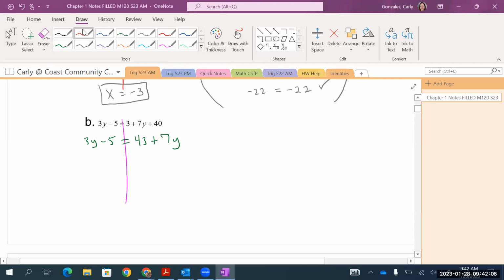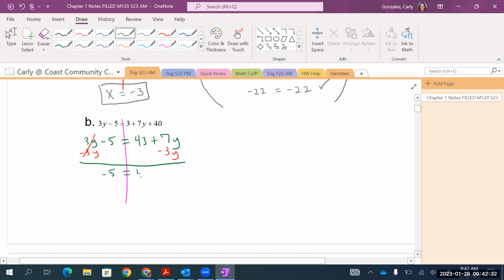I will go ahead and subtract 3y from both sides, only so we are left with a positive number in front of the y, or a positive coefficient for y. So on the left, the 3 y's cancel out, and we are left with negative 5.